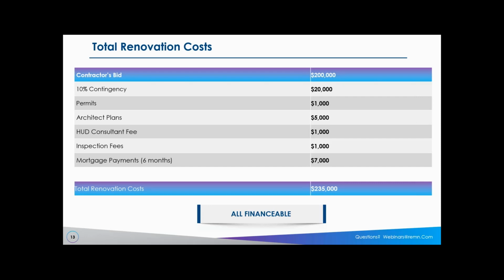So that they don't have to make 2 payments at the same time. And this is, of course, only allowed if the home is actually uninhabitable during the period of renovations. So, with all that being said, your $200,000 bid turns into $235,000 that we will be financing in.